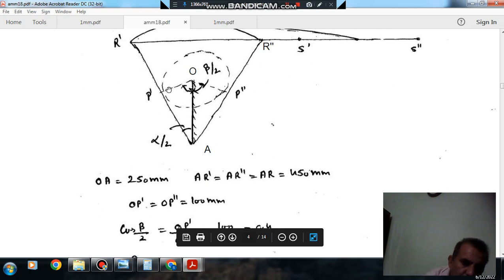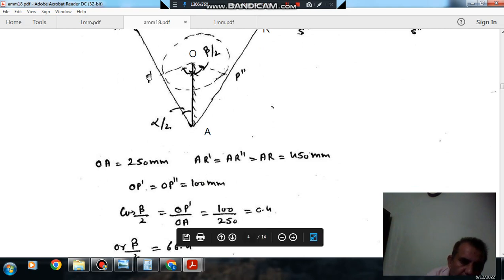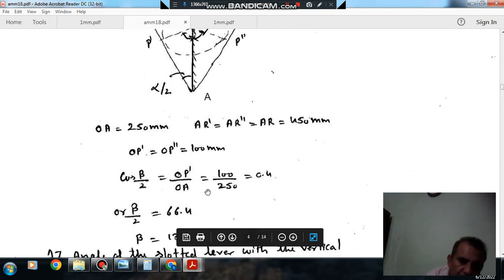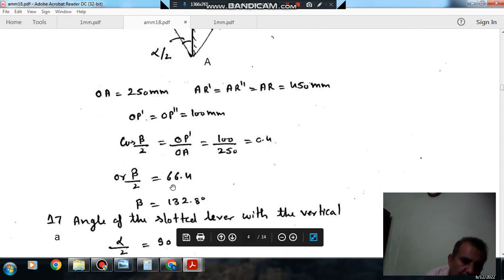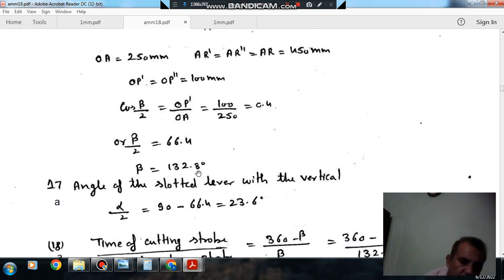So at the extreme position this angle will be 90 degrees. Okay, so cos beta by 2 will be OP dash over OA. OP dash is the base, and this is your hypotenuse because this angle is 90 degrees. So OP dash is given, OA is given, so we can find beta by 2, which is 66.4. Okay, and beta will be 132.8.